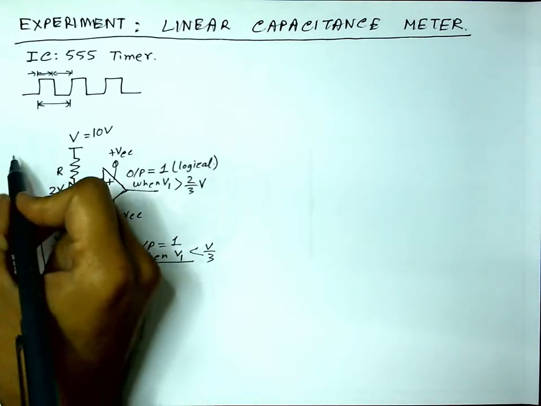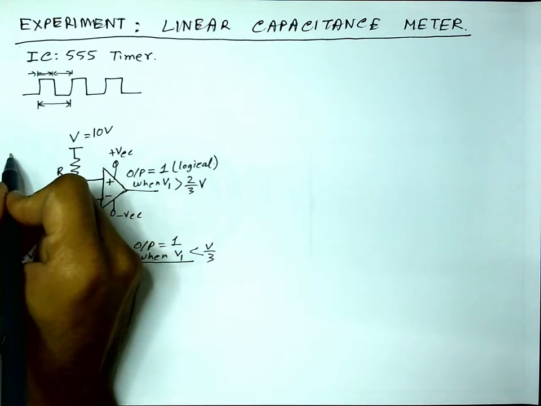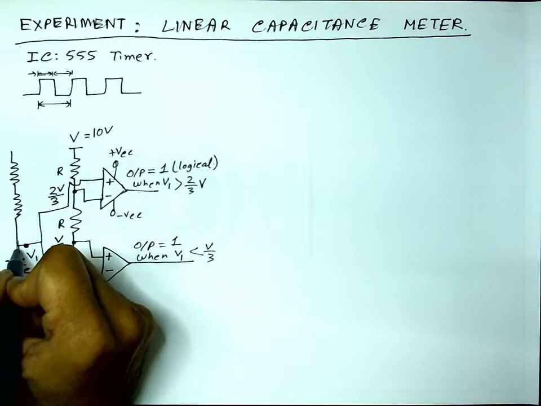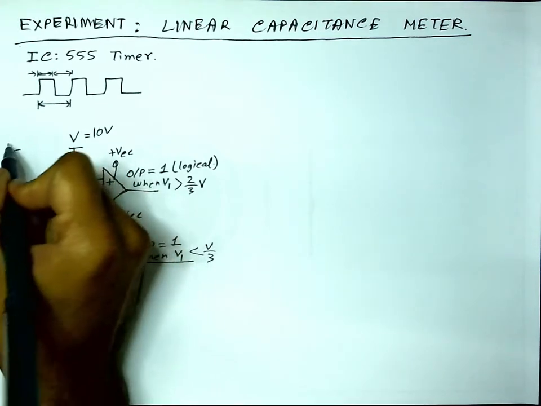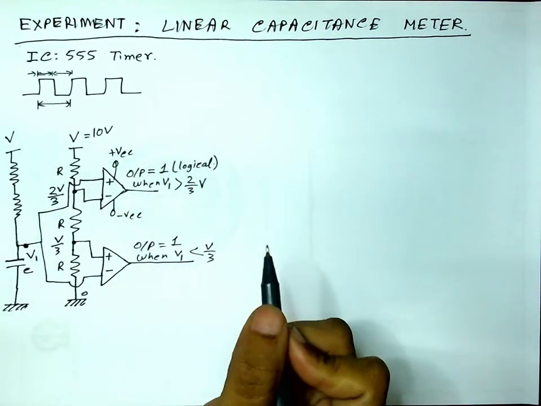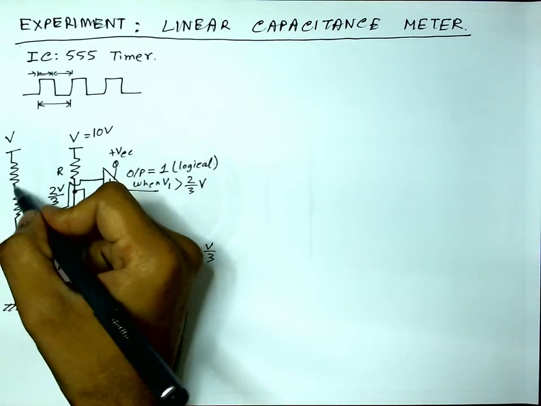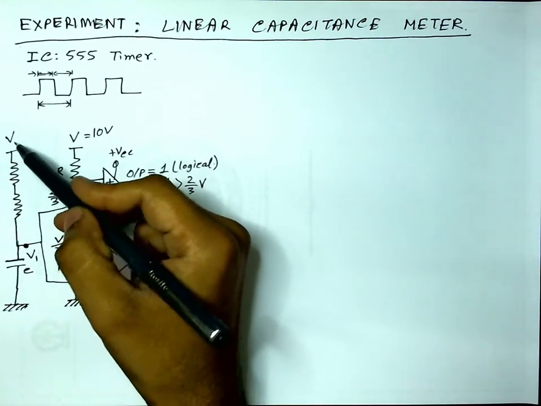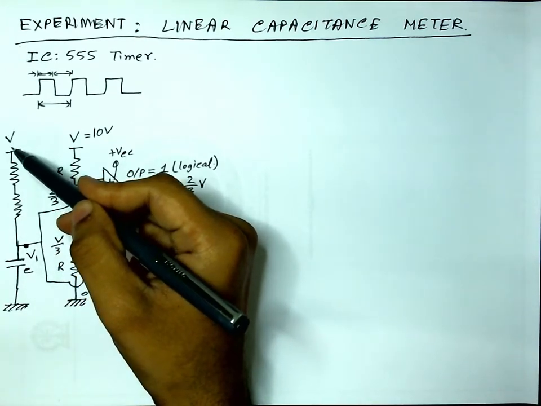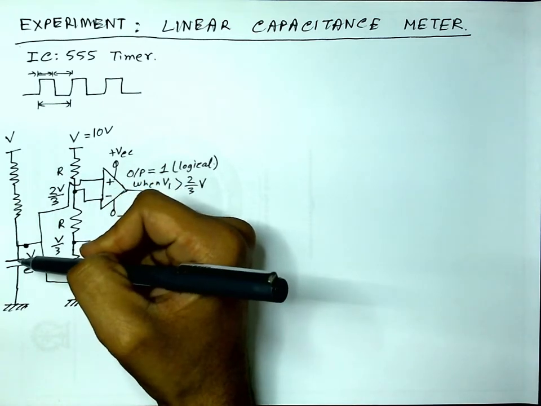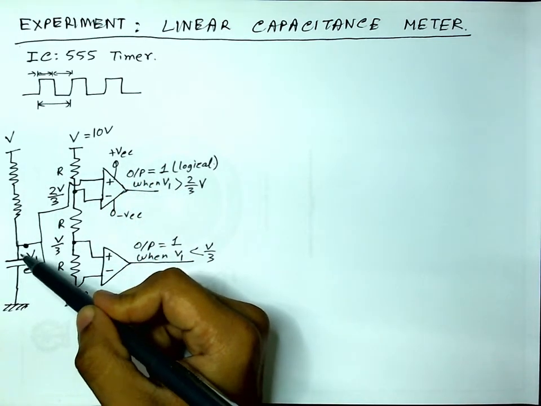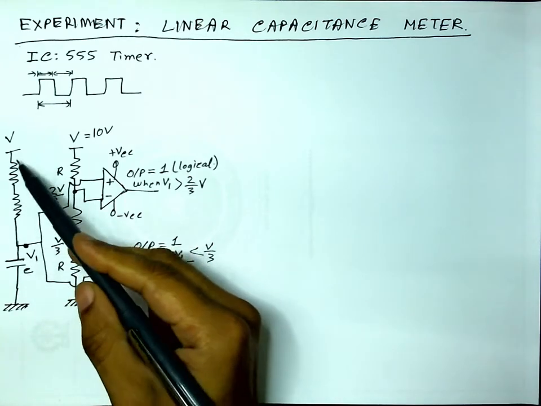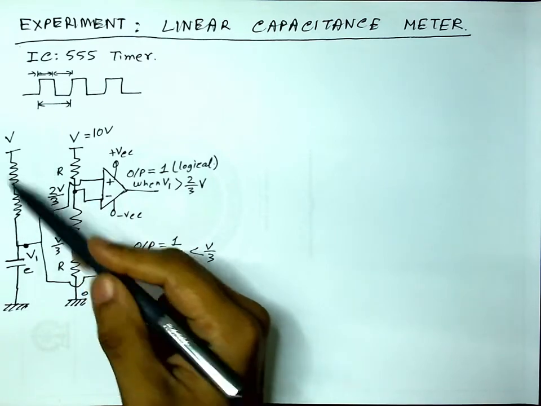Let me connect a few resistances, with this side positive, some voltage, and a set of resistances through which this capacitor is connected. Then when I apply this voltage V, this capacitor will be charged, and therefore this point will have an increasing potential as current comes in through this set of resistances.